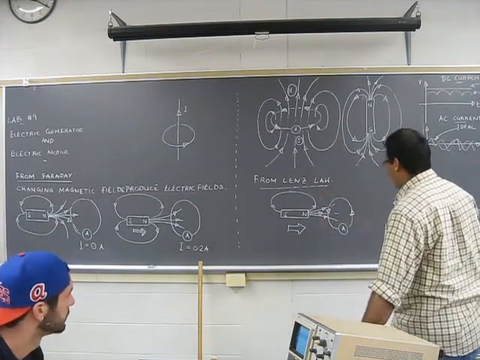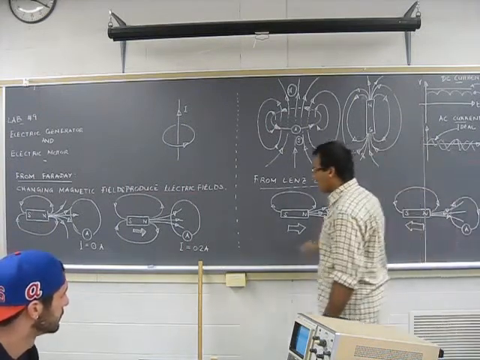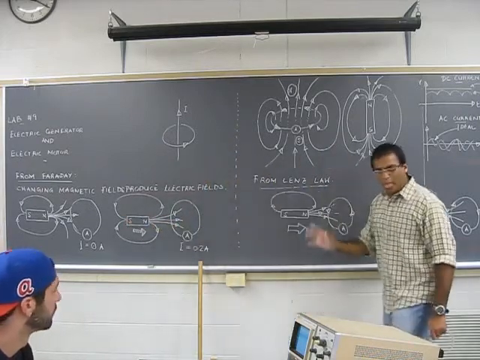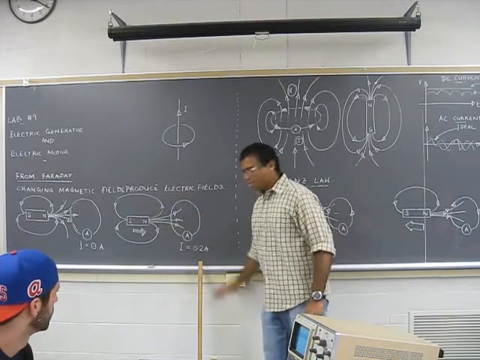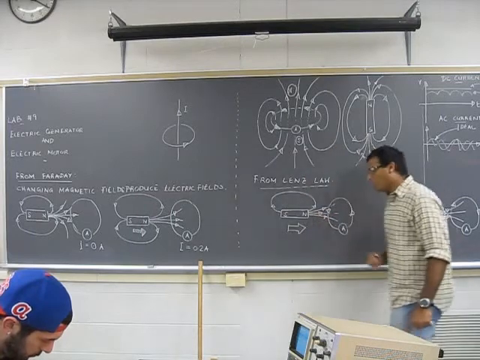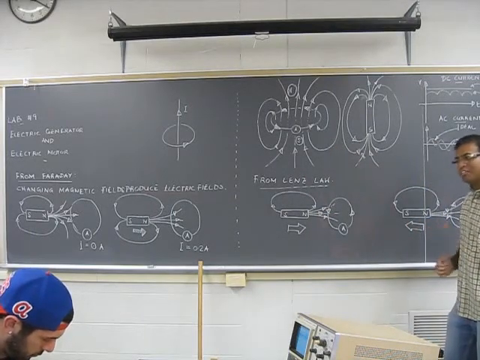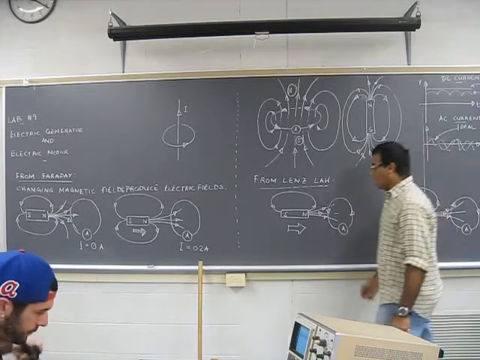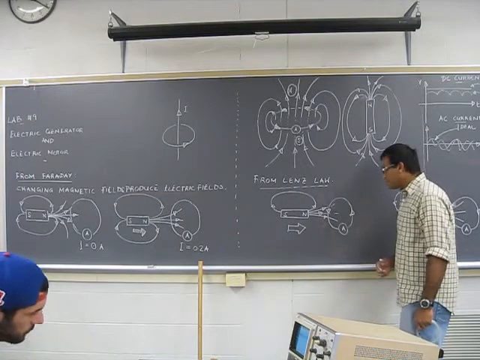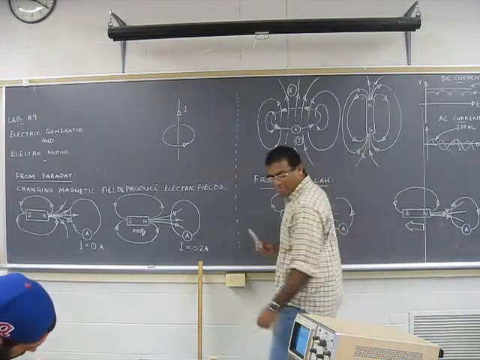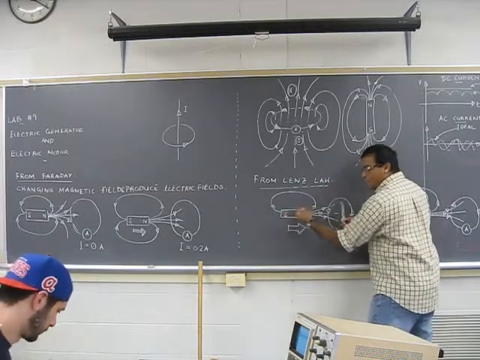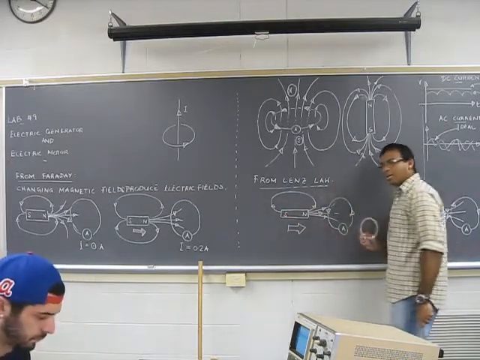That is, what is the direction of the current that gets established whenever you move your magnet? We know that whenever we move the magnet, the field lines are changing inside the loop. We generate a current. Now the question is, what would be the direction of the current in the loop? Now Emil Lenz, a Russian scientist, found that if I were to keep my magnet like this and move my magnet towards the loop, guess what?